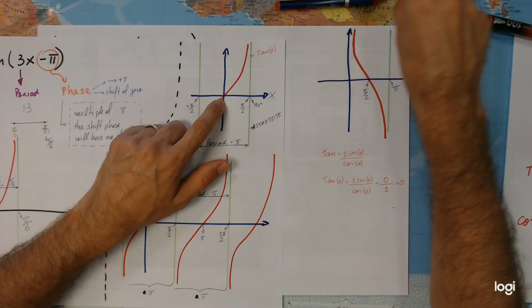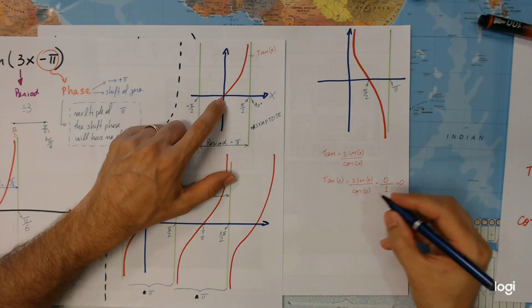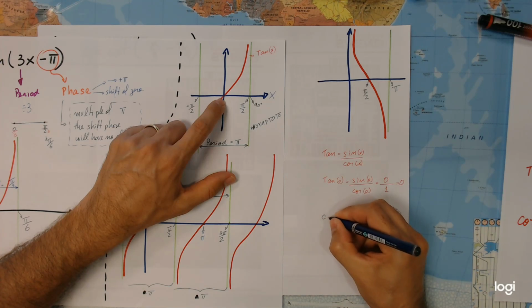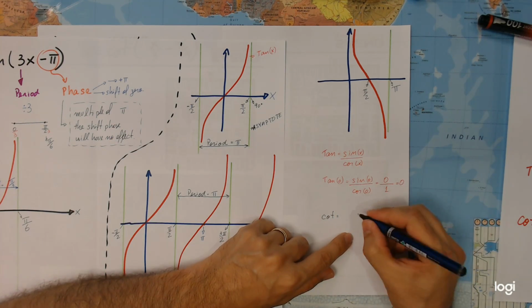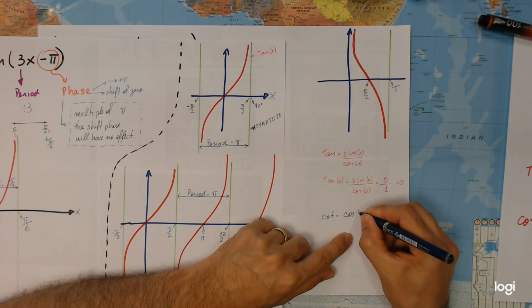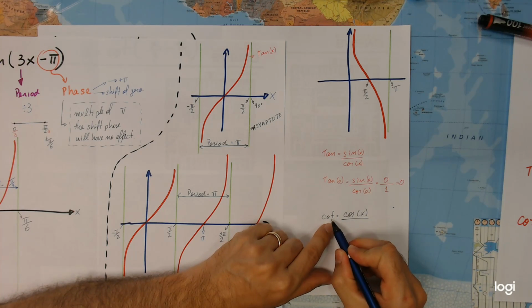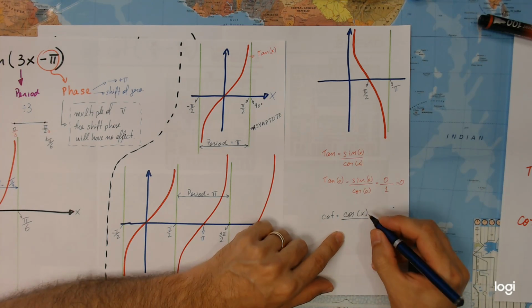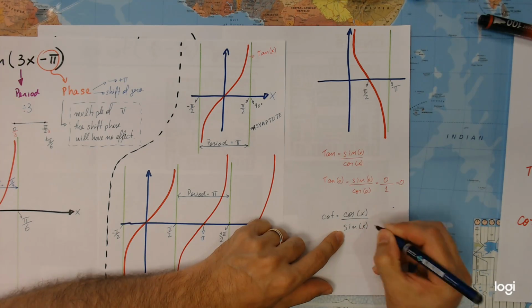Now, something different is going to happen when you're dealing with the cotangent. What is a cotangent? It is the reverse. It is the cosine of x divided by the sine of x. This should be cotangent of x, right? I didn't write it.